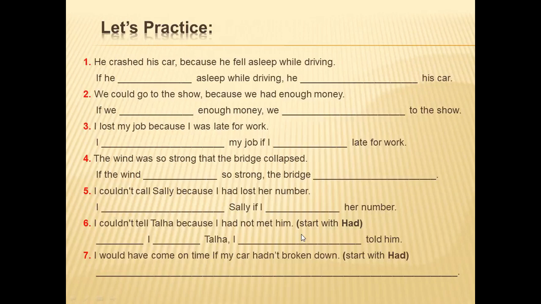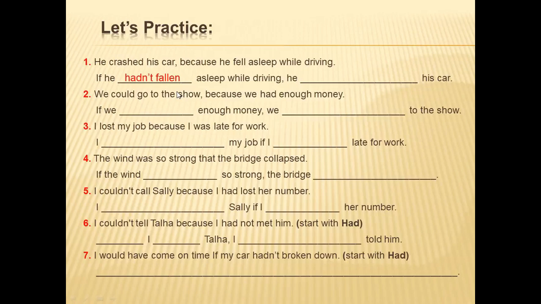There are some questions. The first one: he crashed his car because he fell asleep while driving. So how do you form it as a third conditional? Don't forget, if plus past participle.